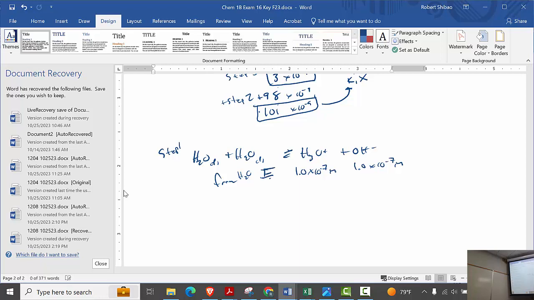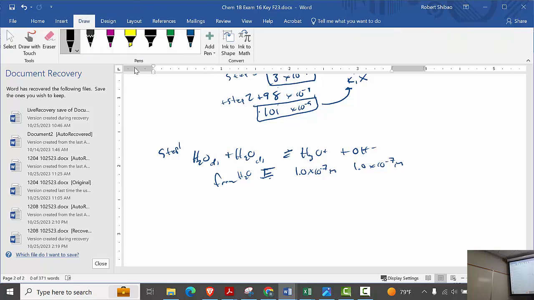And then what I mean by Le Chatelier's is this. For step 2, you could do Le Chatelier's shift.